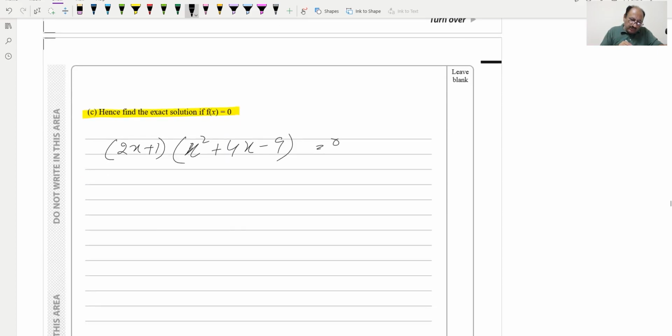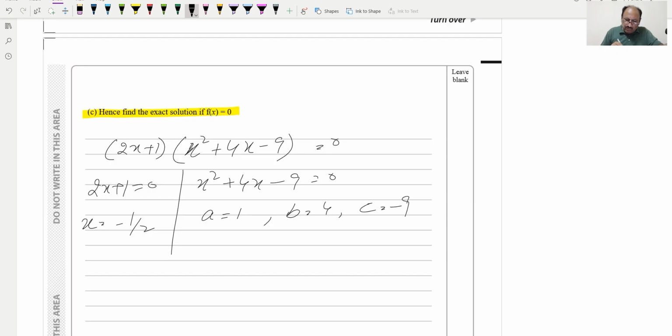Now this will be 2x plus 1 equal to 0, or x squared plus 4x minus 9 equal to 0. So x will be equal to minus 1 by 2, and for this one we can apply the quadratic formula, where a is equal to 1, b is equal to 4, and c is equal to minus 9.